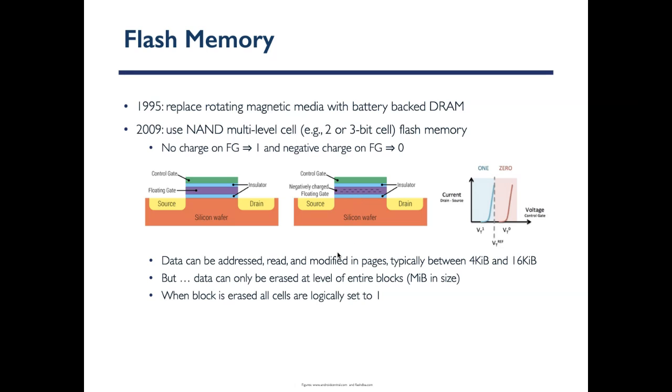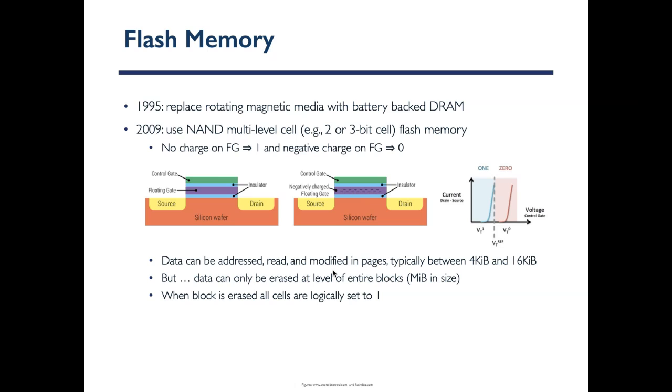So before we even start writing to our flash, we need to erase the cells that we want to write to. The problem is, unfortunately, you cannot erase a page by itself. You have to erase a bunch of pages altogether, and that's a physical limitation of flash disks and NAND cells.